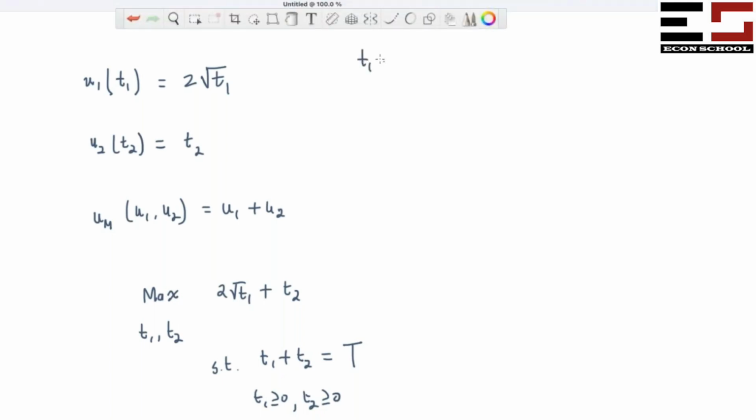So T1 is min of 1, comma, capital T. Okay, and T2 is max of 0, comma, T minus 1. Is that okay?